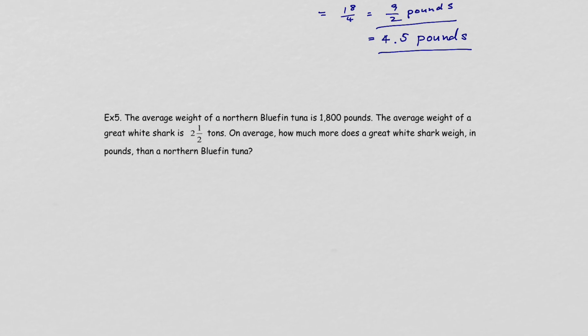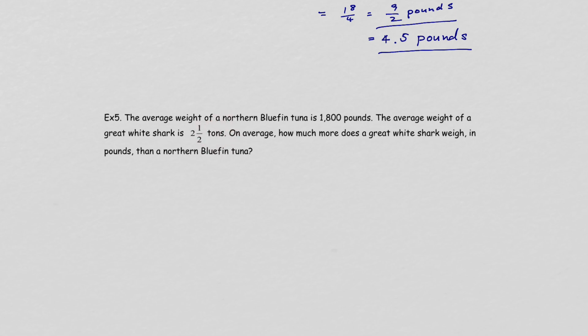Let's do one more example with the weight. So again, read the problem, pause the video, and see if you understand the problem. Basically, they have the weight for tuna and shark. Tuna weight is given in pounds, shark weight is given in tons.